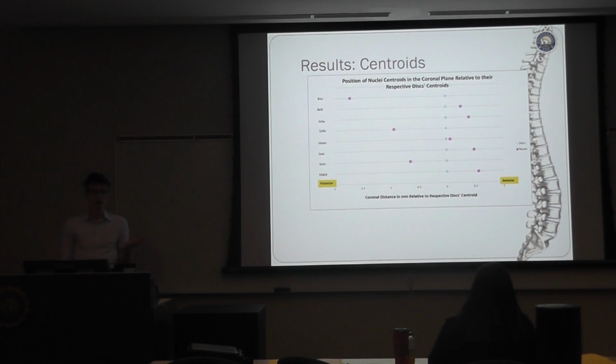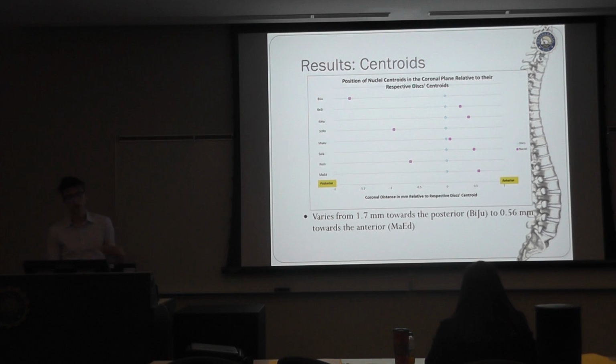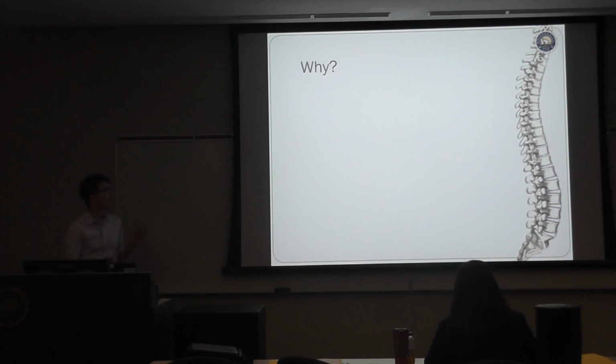This was just the centroid of the nucleus in the coronal plane relative to the centroid of the entire disk. It was as far as 1.7 millimeters back towards the posterior, up to 0.56 millimeters forward in the anterior.